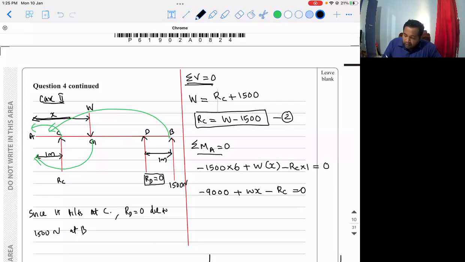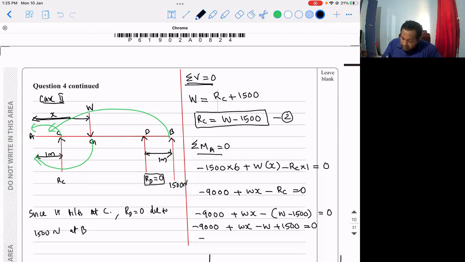So what is RC? We have already calculated. So minus 9,000 plus WX minus of what is RC? W minus 1,500 is equal to 0. If I'm expanding this, what happens? Minus 9,000 plus WX minus W plus 1,500 is equal to 0.